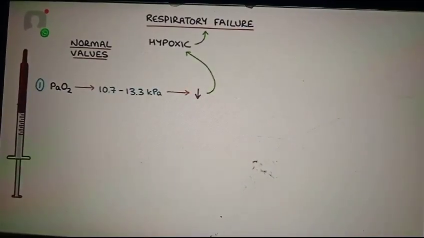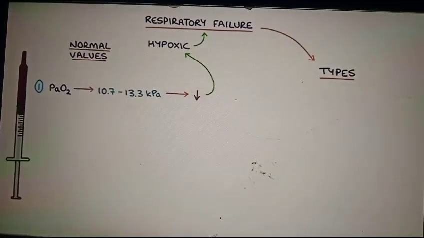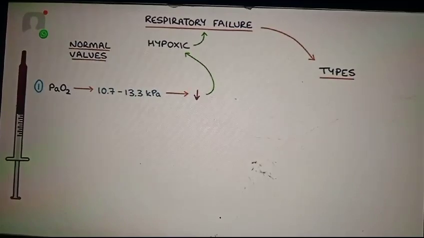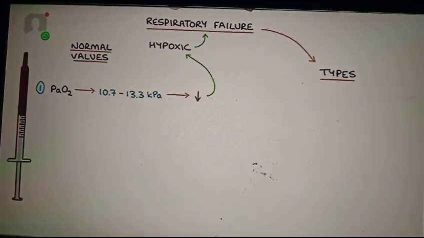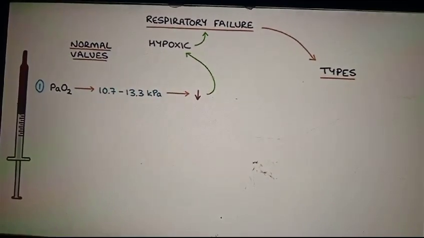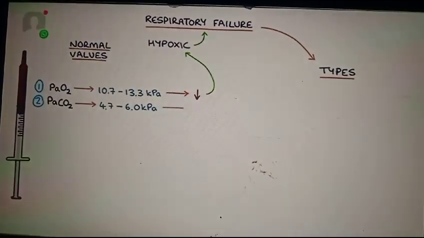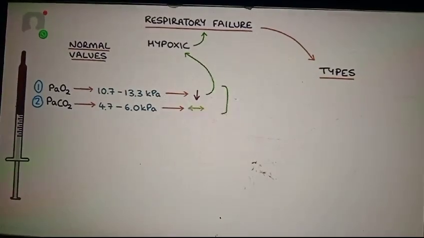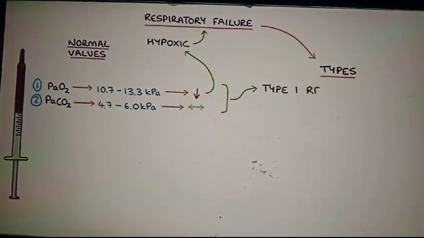It's important to distinguish between the types of respiratory failure. A low PaO2, partial pressure of oxygen, indicates hypoxia and respiratory failure. If the patient has a normal PaCO2, or partial pressure of carbon dioxide, with a low PaO2, this indicates type 1 respiratory failure.